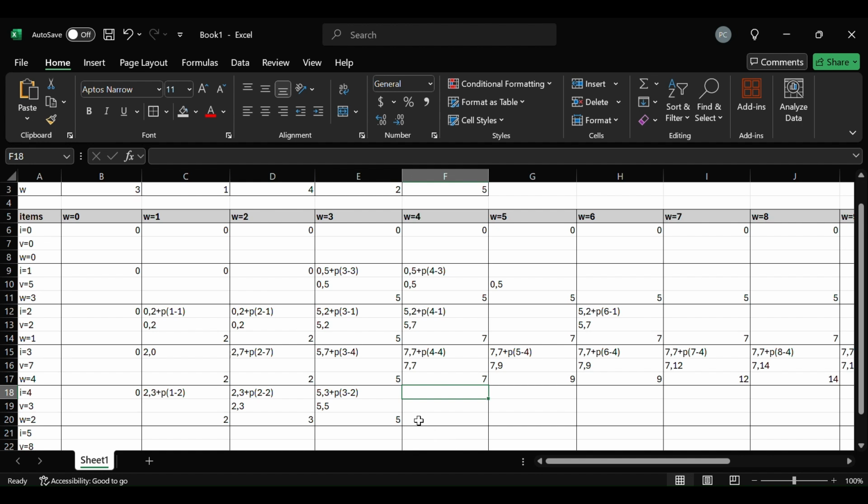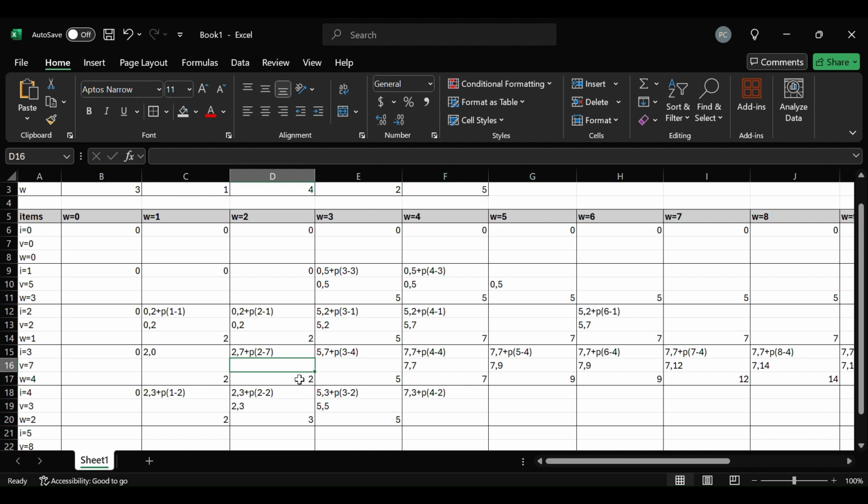Now here, if we did not pick up, our value is 7. If we pick up, 3 plus profit of the remainder, 4 minus 2, so P of 2, which will be go up and then go to 2, right, our weight limit of 2, this space here.